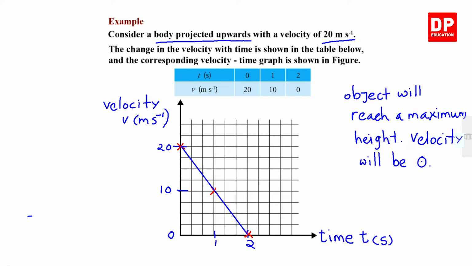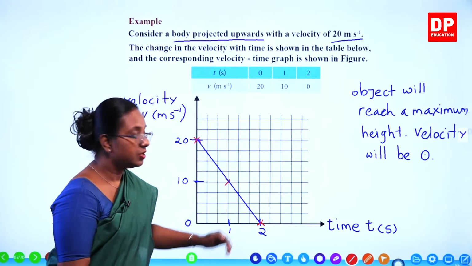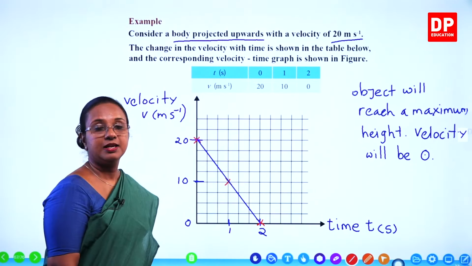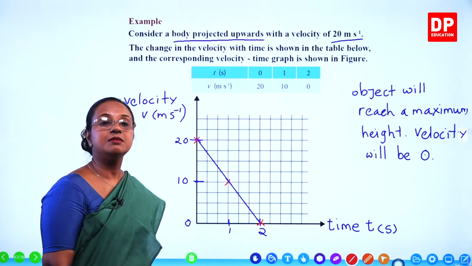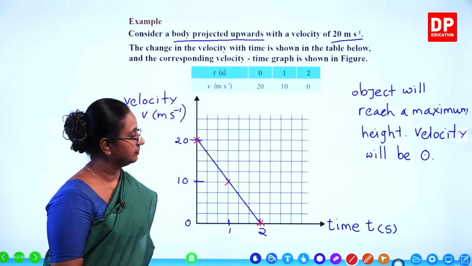If we plot the graph starting from this point, see that starting from the 20 meters per second value, the graph is a straight line going down, so it shows deceleration. The graph has a negative slope, therefore it is a deceleration. That is, when it reaches the maximum height, the velocity becomes 0.